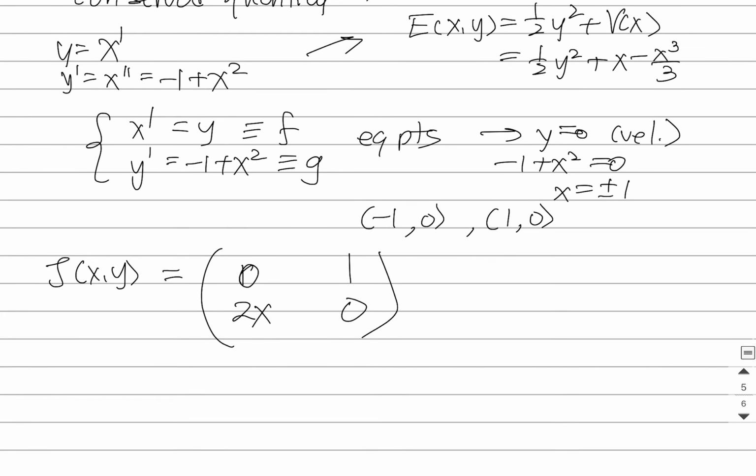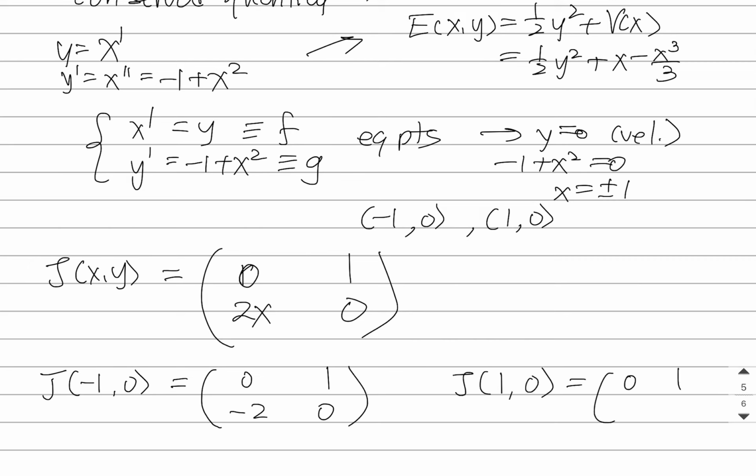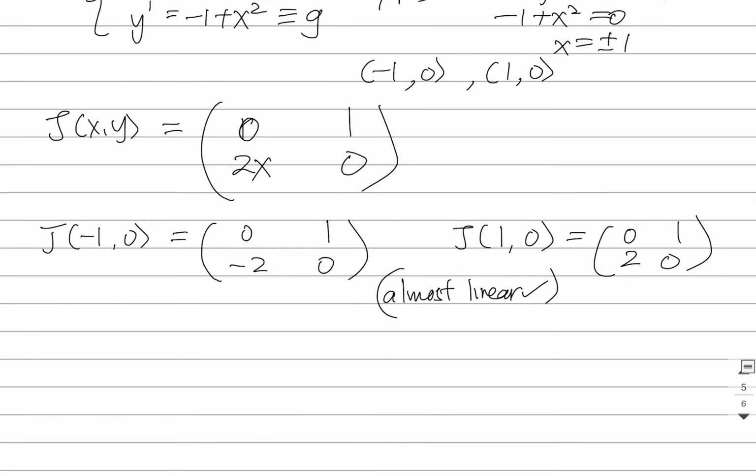Now, at either one of these equilibrium points, we will see that the matrix will be invertible, so it will be almost linear for both. We can invert both of these things. So what we're going to want to do is find the eigenvalues. You can go ahead and do this individually, and I might as well just do this since I'm here and I've got it written out.